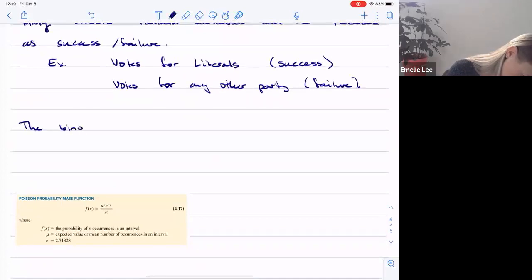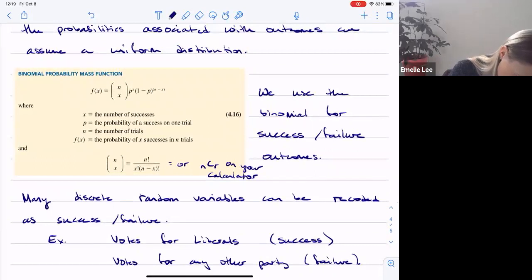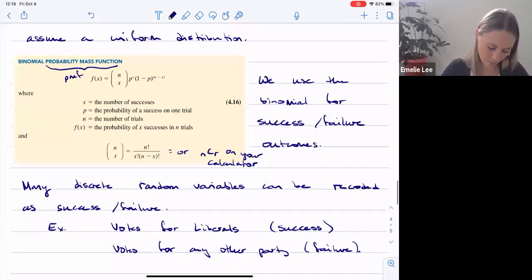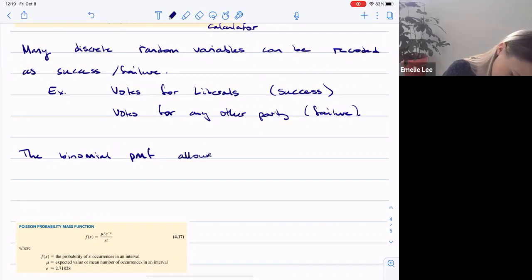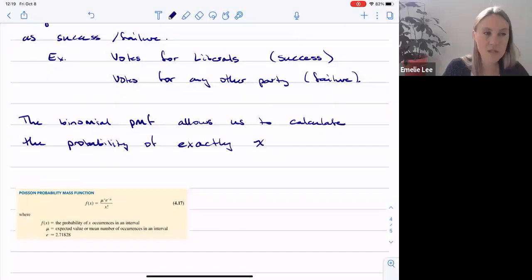The binomial PMF, probability mass function. I'll define it there because I'm not sure if I had it defined already, but usually we'll just call it the PMF. The binomial PMF allows us to calculate the probability of exactly X successes.